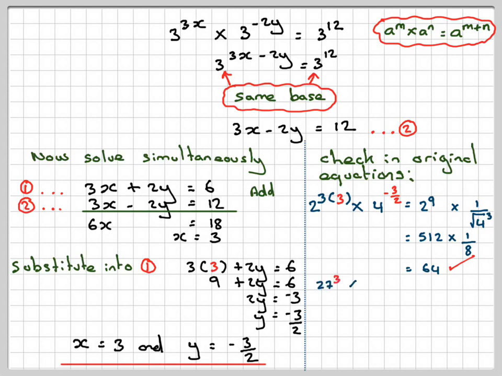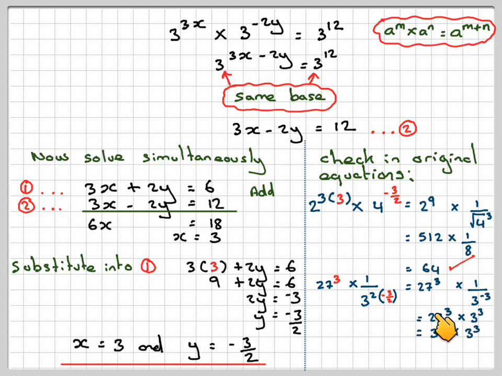Going to the second equation, so we've got 27 cubed times 1 over 3 times 2y, so it's going to be 3 to the power of 2 times minus 3 over 2. You're going to get 27 cubed times 1 over 3 to the minus 3 because the 2's will cancel out. 27 cubed times 3 to the 3, when you deal with that one, the negative index will make it go to the top.